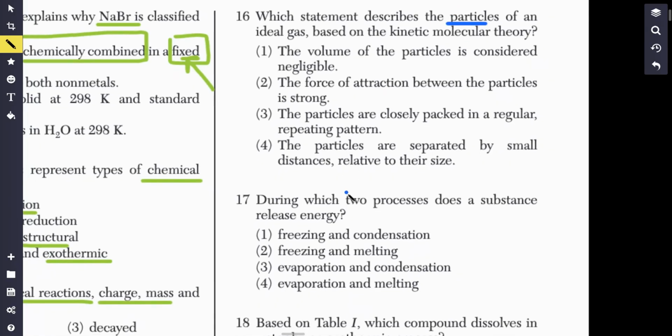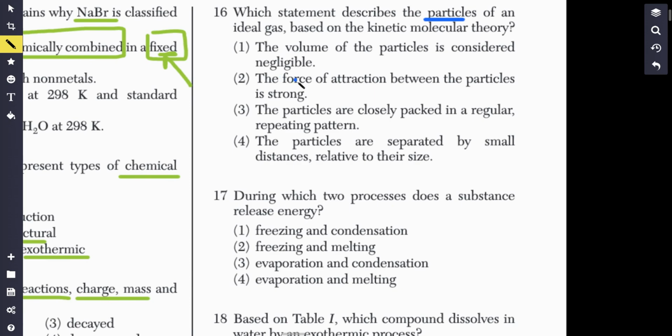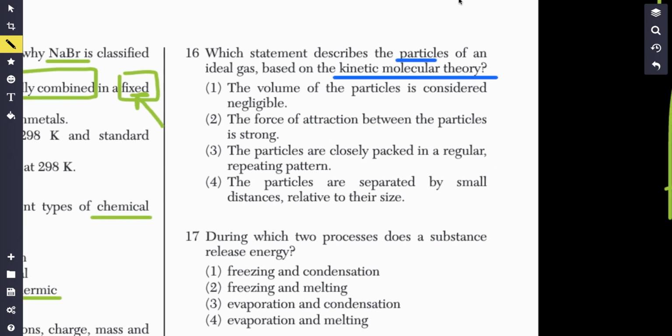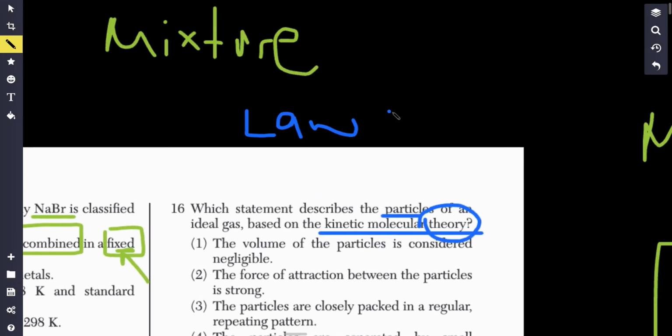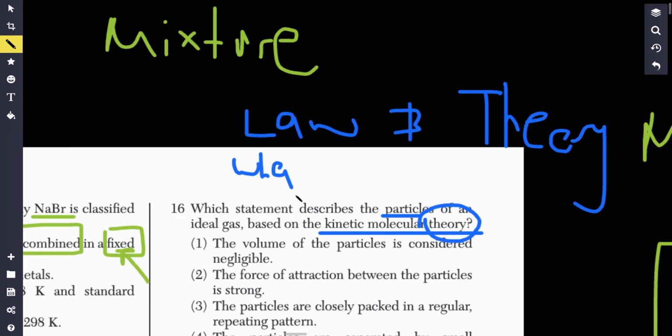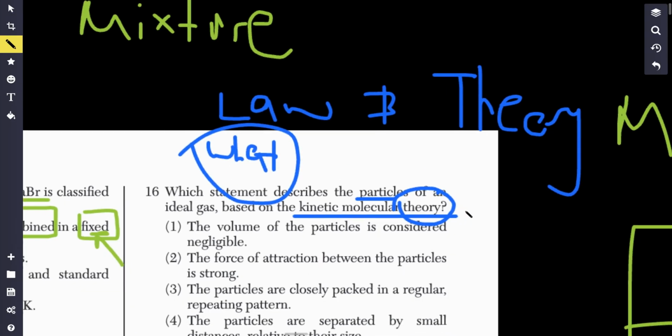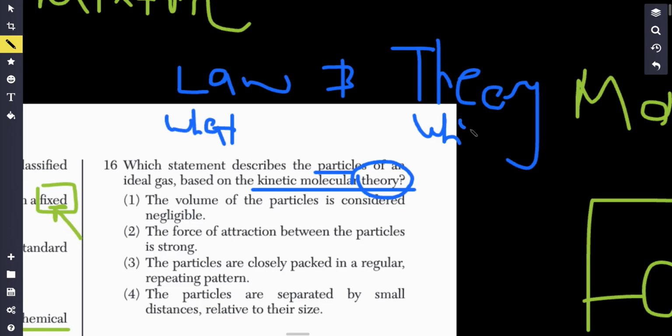All right. Kinetic molecular theory, particles of the ideal gas. So the kinetic molecular theory, remember that it's a theory. There's a difference between a law and a theory. A law describes what happens, while a theory describes why that happens.